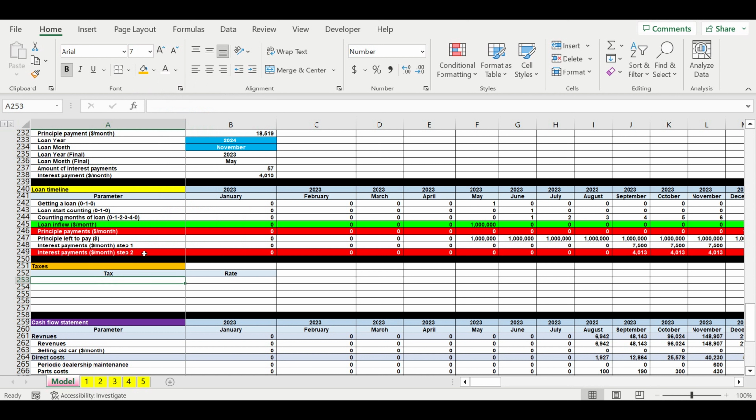For example, this will be revenue tax, this will be payroll tax, then we will have profit tax and asset tax.